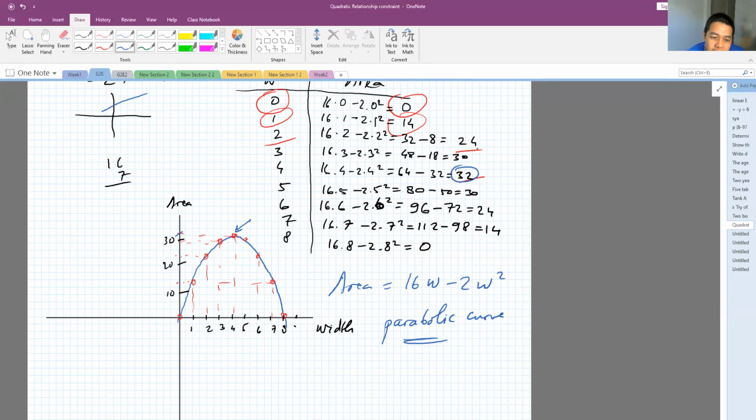So now you see the difference between the linear relationship that we did before and now the quadratic relationship that we are doing, which gives us the curve named parabolic curve. And we will explore this further later in the next video.